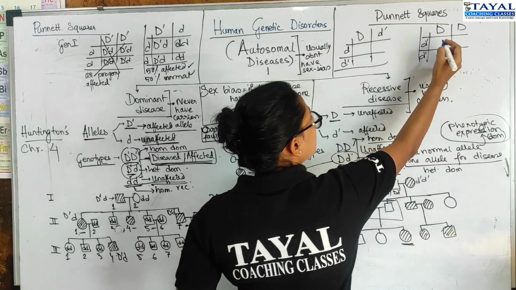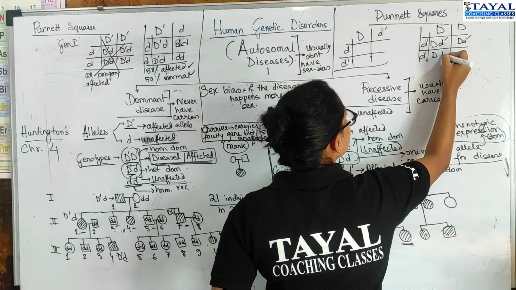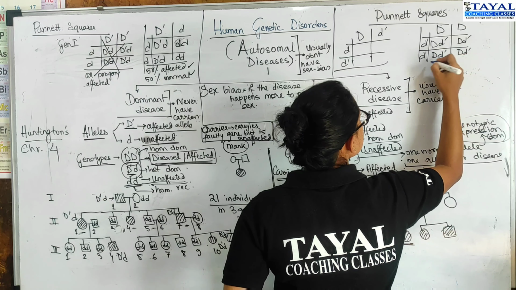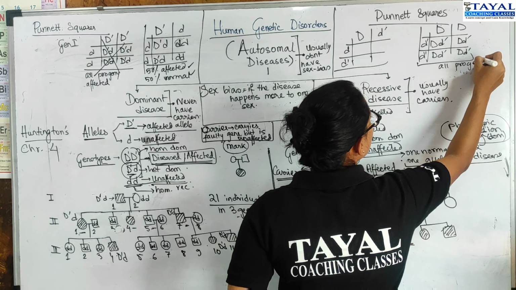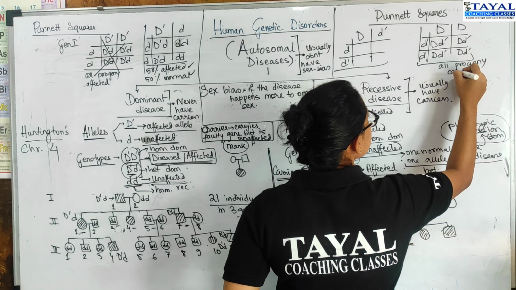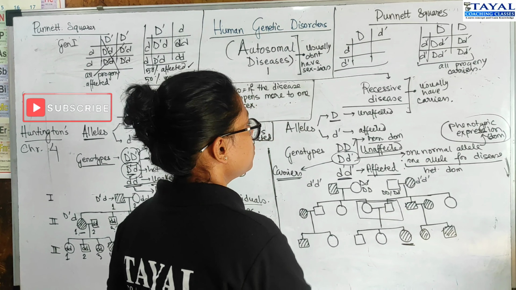In this case, all combinations will come out to be heterozygous. And if it is heterozygous, then all progeny would be carriers. So the disease should not show in the family for that generation.